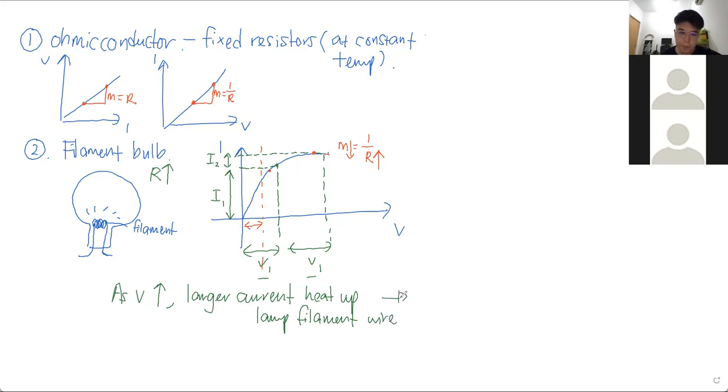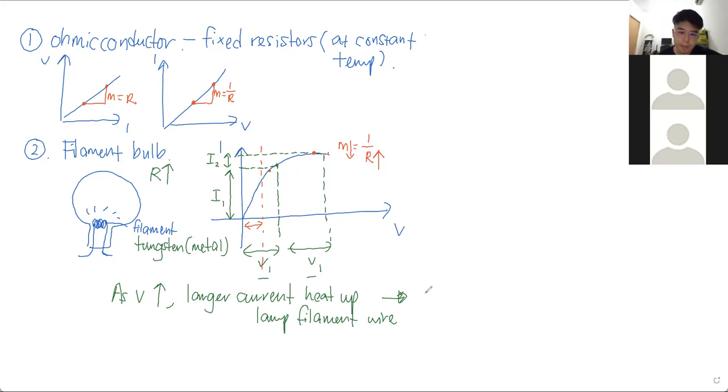The filament, I said just now, is made of tungsten, a metal. When metal heats up, the atoms vibrate faster, and there are more collisions blocking the electron flow.